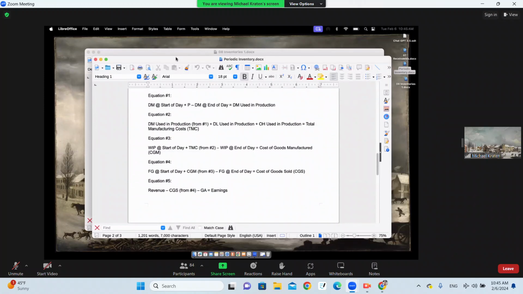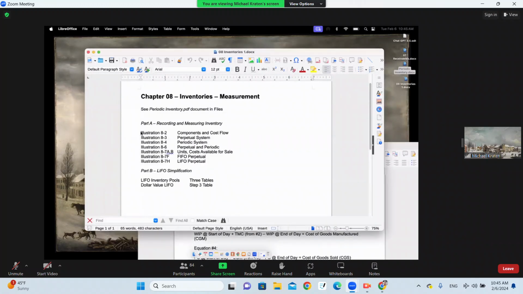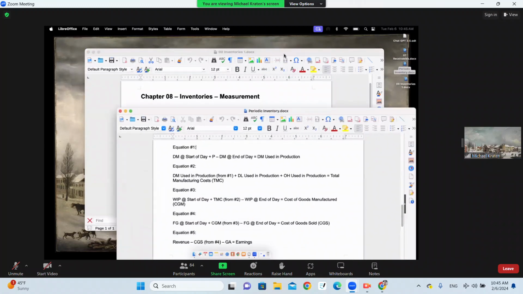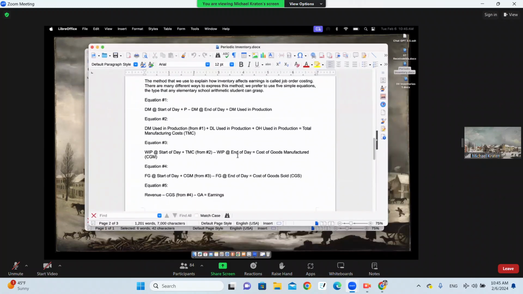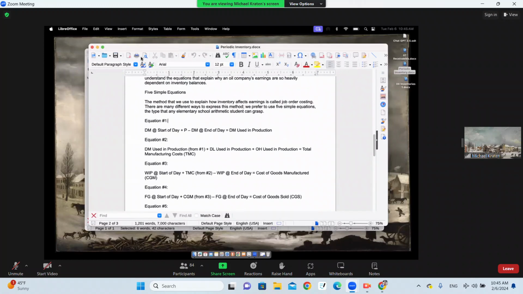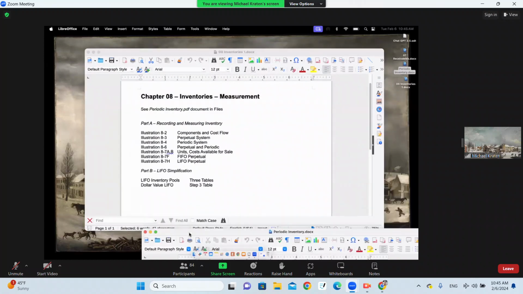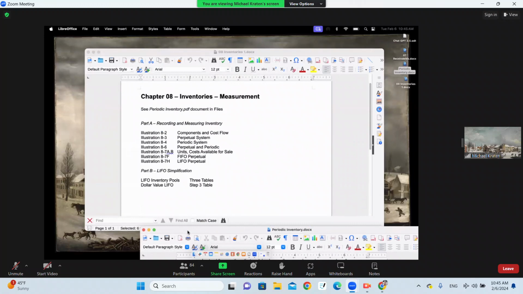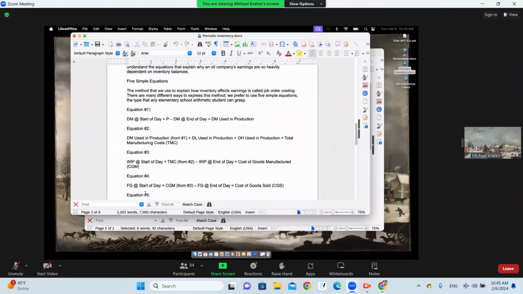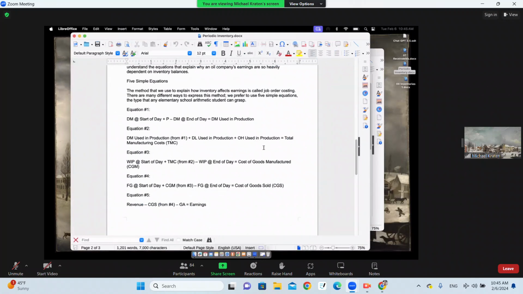You would think it would be ancient history, but because I took the time to lay out the material that actually underlies illustration 8-2, people keep asking me for copies of it. And so I've learned to rely on it when teaching 8-2.